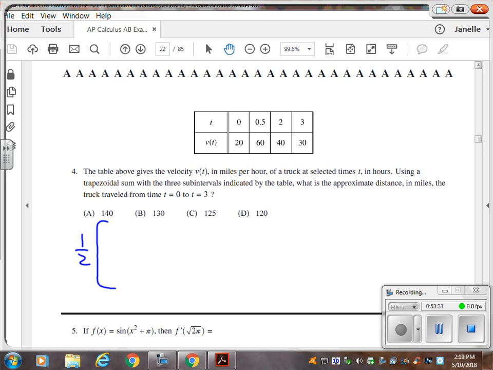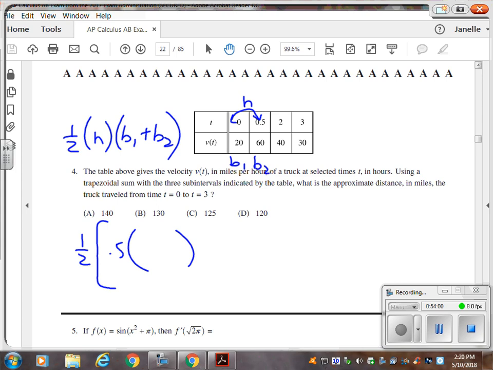Does that make sense so far? In trapezoidal, it's the difference from here to here on how wide or how tall your trapezoid is. So from there to there is 0.5. You've got 2 bases. Your y values are the bases. This is B1 and B2. The difference of these 2 is your height. If you think about the formula, 1/2 times h times B1 plus B2, that's trapezoid.